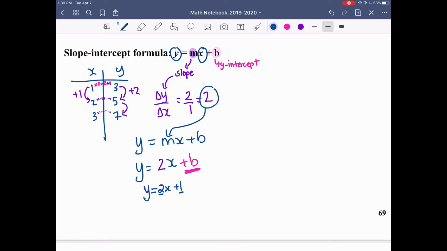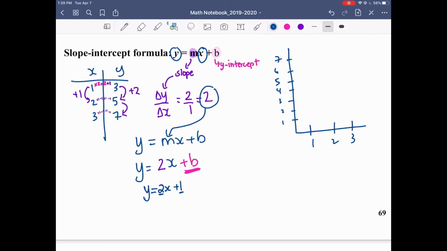Let's say I give you a graph, okay? An unknown graph, and then I tell you, what's the formula for this graph? And let's say it's the one I have here. 3, 4, 5, 6, and then 7.